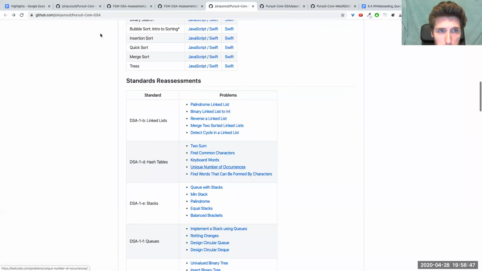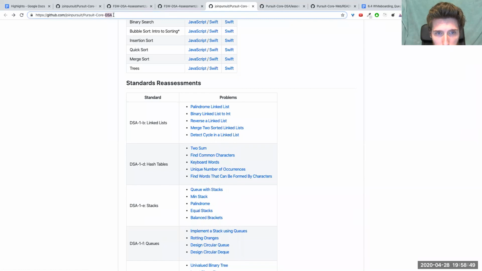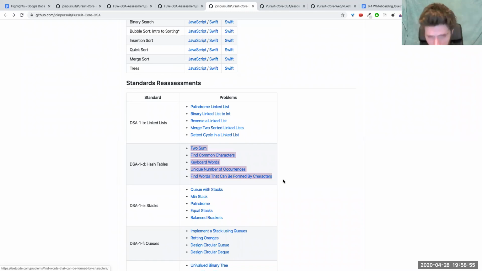In our Pursuit Core DSA, the same area we were in yesterday, there are 5 questions today about hash tables. None of these are actually about the theory of hash tables and how they work. This is more about using objects to your advantage in problem solving. We're going to work on these for the rest of the day.